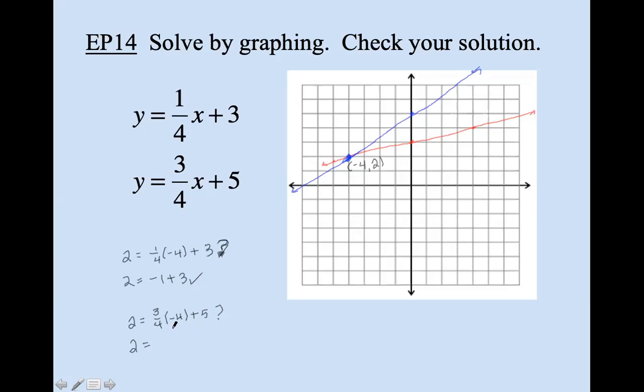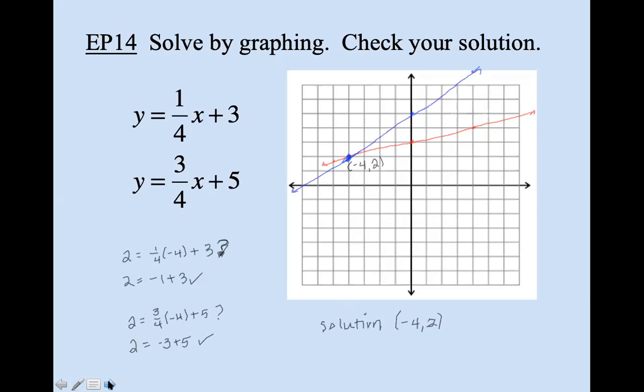This is going to make it a negative 3. And remember, if you can't do those fractions in your head, you're welcome to use a calculator. All right, so is 2 equal to negative 3 plus 5? Yes, negative 3 plus 5 is a positive 2. So our solution is in fact the point negative 4, 2. Again, be sure to write your answer as an ordered pair.